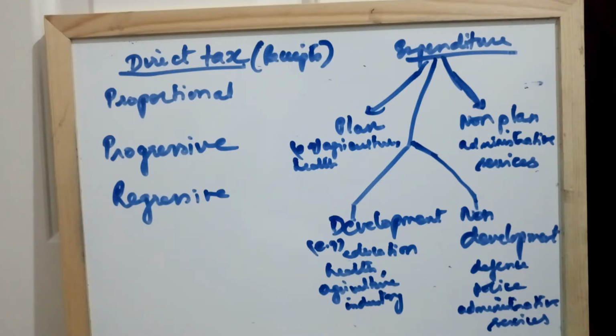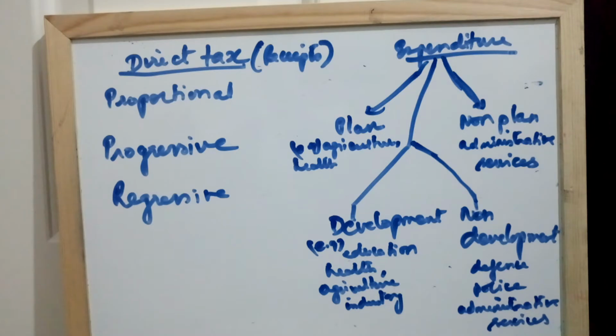Non-development expenditure refers to the expenditure which is incurred on the essential general services of the government. For example, defense, police, justice, administrative services. So it doesn't directly contribute to the economic development but helps in the development of the economy.